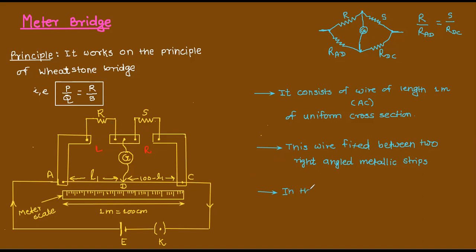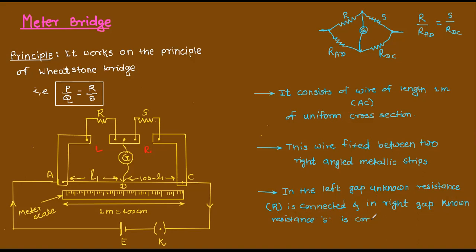In the left gap, unknown resistance R is connected, and in the right gap, what have we connected? Known resistance S is connected.